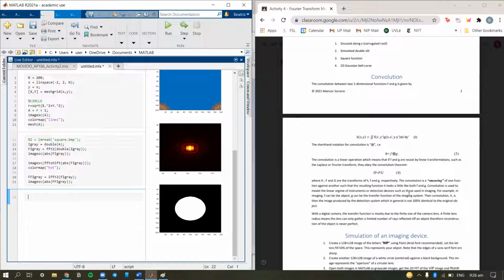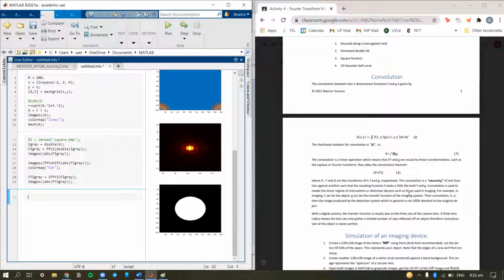So essentially, ang purpose nitong activity na to, kukunin natin tong equation 3. Titignan natin anong itsura ng NIP pag tinignan mo under a telescope or a microscope by using equation 4, which is essentially Fourier transform. All right. First thing is load the image ng NIP.